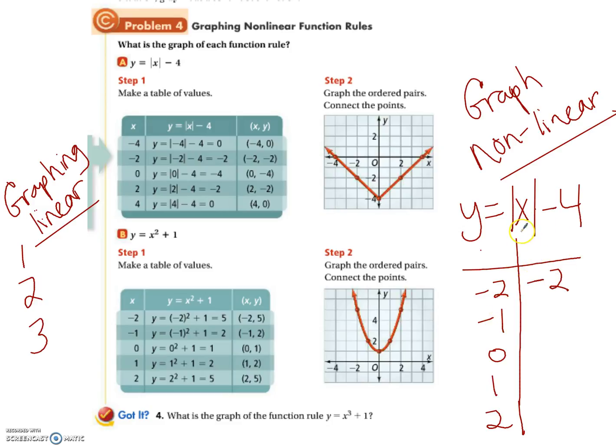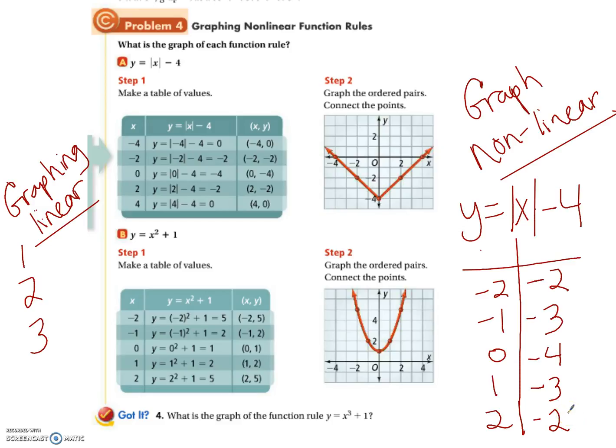The absolute value of negative 1 is 1. 1 minus 4 is negative 3. The absolute value of 0 is just 0. 0 minus 4 is negative 4. The absolute value of 1 is 1 minus 4, which is negative 3. The absolute value of 2 is 2. 2 minus 4 is negative 2.